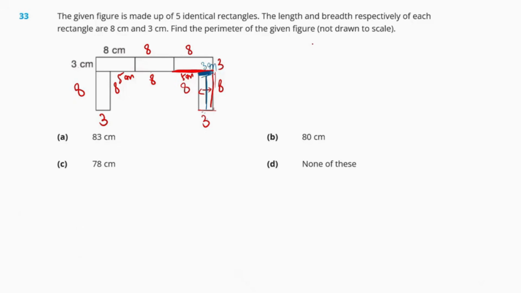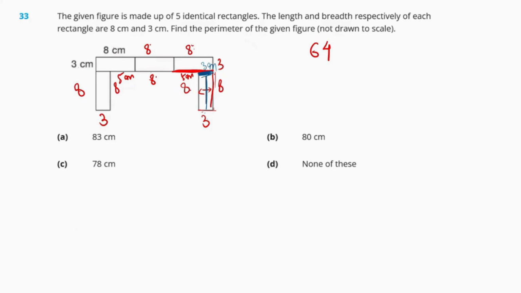So finally, to find the perimeter, we just have to do the sum of all of these sides. First of all, let us count the sum of the sides whose length is 8. So this will be 8 plus 8, that is 16. 16 plus 8 will be 24, then 24 plus 8 will be 32, 32 plus 8 will be 40, 40 plus 8 will be 48, then 48 plus 8 will be 56, and 56 plus 8 will be 64, which means there are a total of 8 sides whose length is 8, so the total for that will be 64.